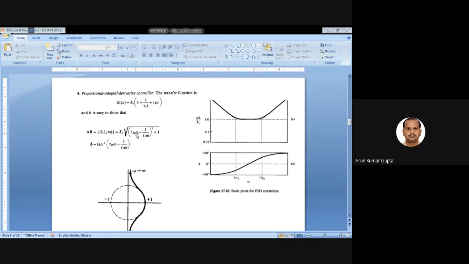So here you can see that the AR value and the phase angle value will be given by this. As omega tends to 0, the integral term tends to infinite, so the whole function will start from infinite.